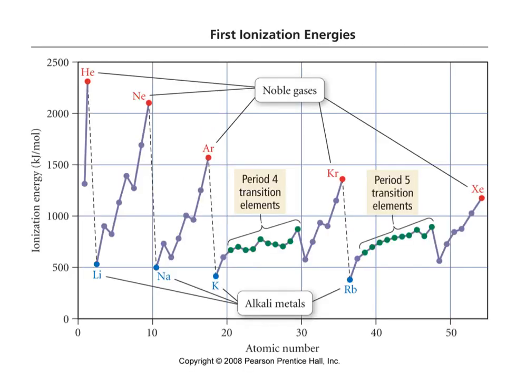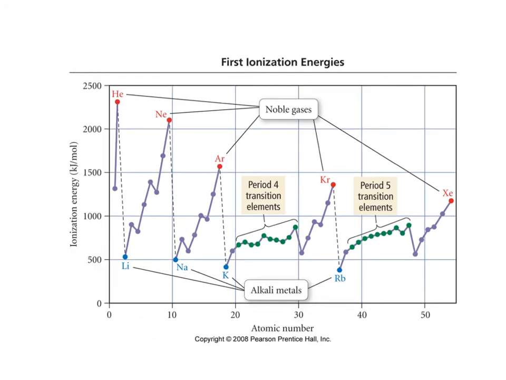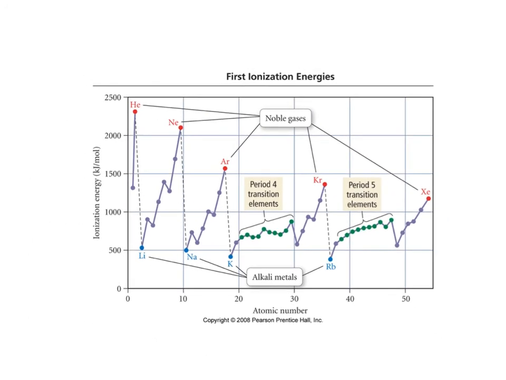All right, so this is the ionization energy graph, and it's similar yet different to the size, the radii. Instead of starting with lithium at the top and going down to neon, now you have lithium at the bottom and going up to neon. So remember, this is going across the period.